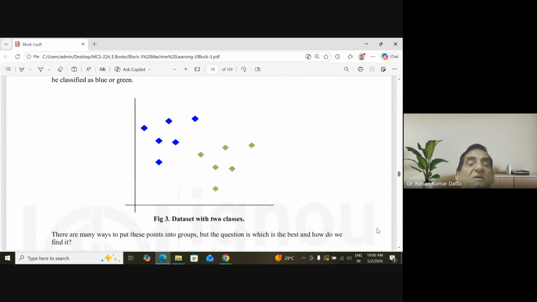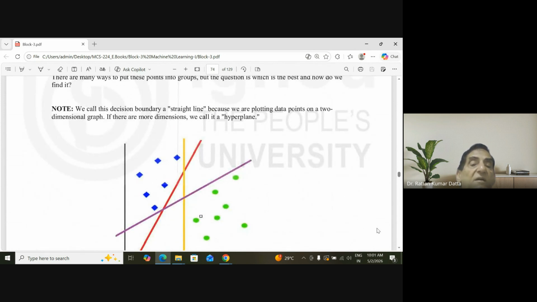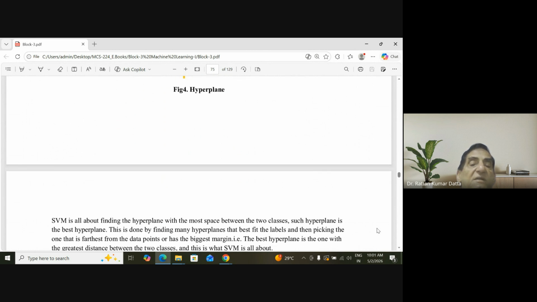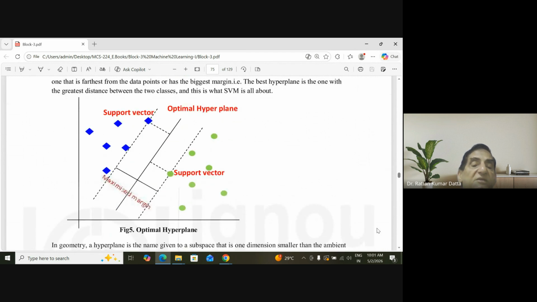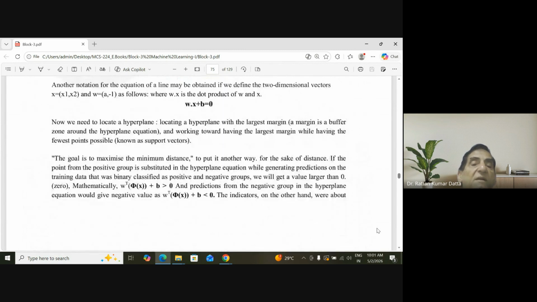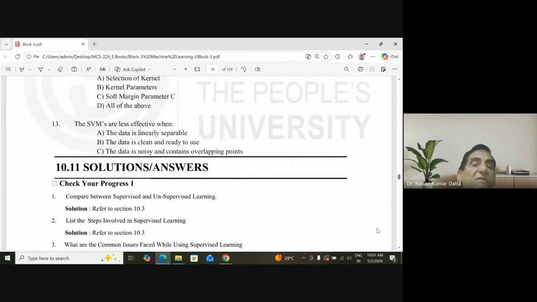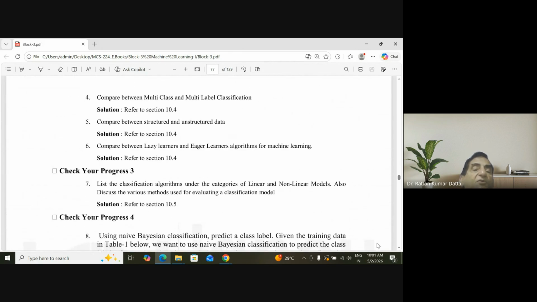So these are the data set with two classes. This is the hypothesis, and then this is the optimal hypothesis, and then the final results. So this is a support vector machine.